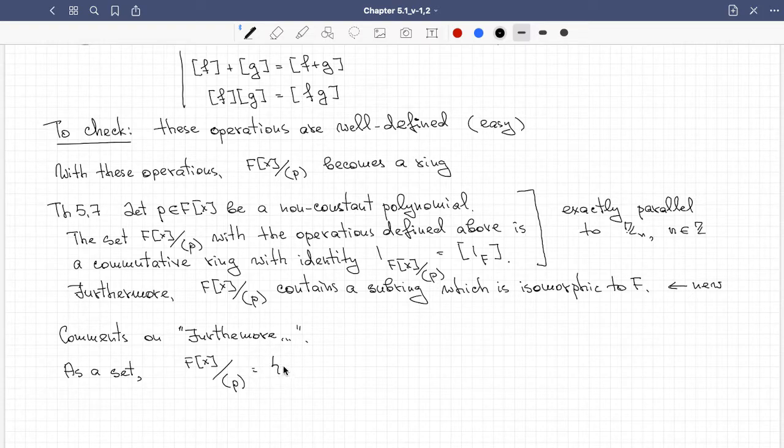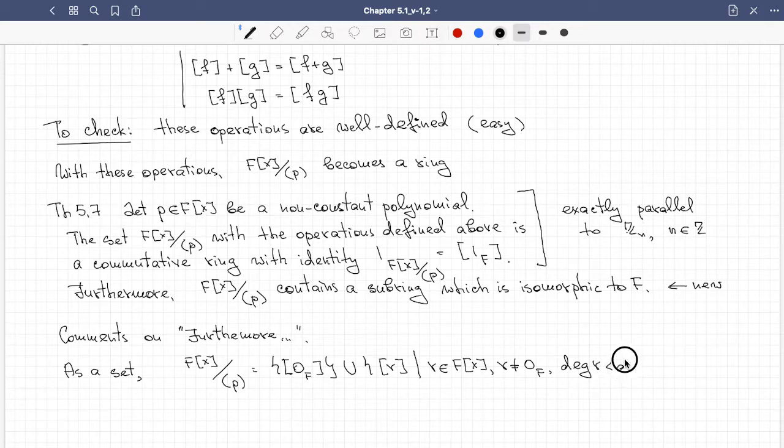This is the class of 0 and the classes of non-zero polynomials such that the degrees are smaller than the degree of the polynomial p.